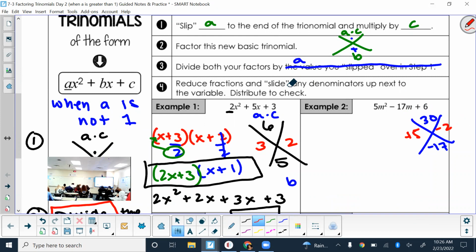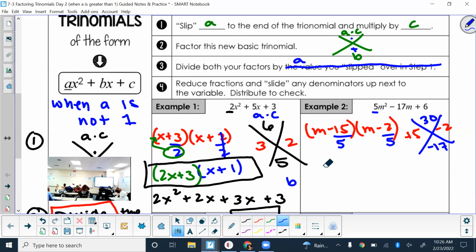If it adds to a negative, then they both need to be negative, if it also multiplies to the positive. So far I have m - 15 and m - 2, but we're not finished because when it's not a leading coefficient of 1, you have some extra steps. So we factored it. Now we need to divide the factors by A, which is 5.